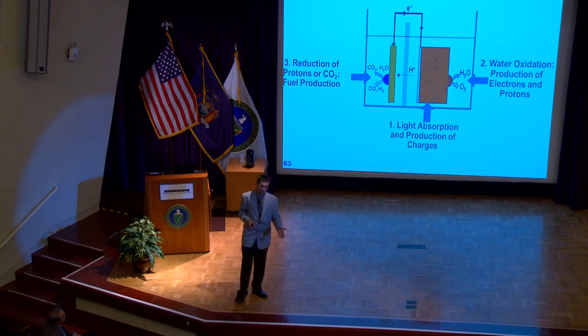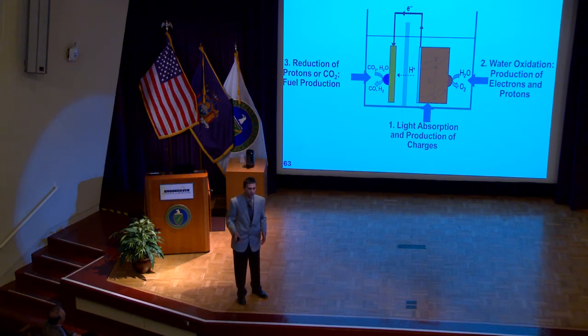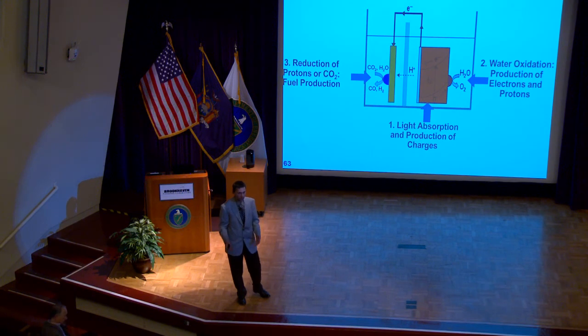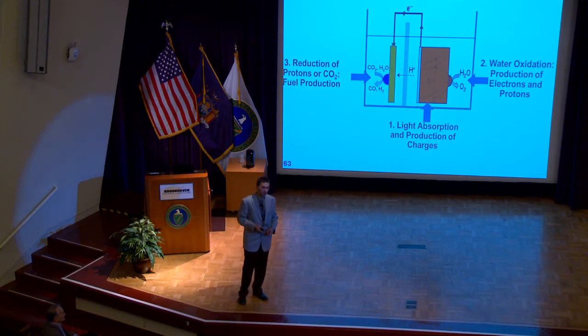So from the practical perspective, it is advantageous to look at some fundamental principles of how we can actually make something useful out of it instead of just burying it in the ocean floor or somewhere else. So there is a practical perspective to this, and there is also a scientific perspective. It's a very challenging and interesting problem.